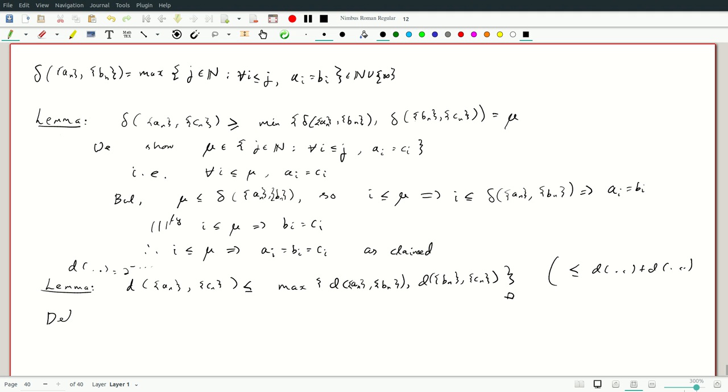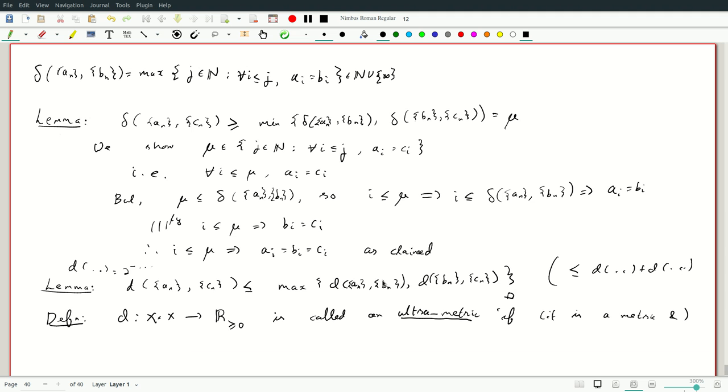And something with this property is called an ultrametric. In definition, d from X cross X to the non-negative reals is called an ultrametric if it's a metric, which really means properties 1 and 2 of a metric, because the 3 will follow from this, and for all x, y, z in the space X, the distance between x and z is less than or equal to not just the sum of the other distances, but the larger of the other distances, the distance between x and y and the distance between y and z.